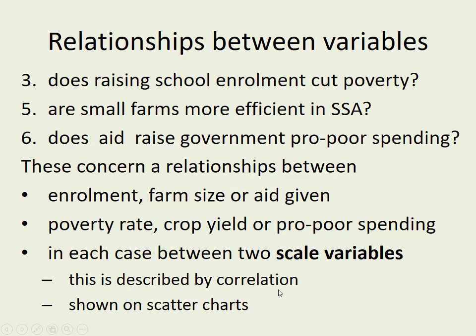And that's best described by correlation. Please note that the word correlation is sometimes used to describe all these things. So you can have correlation between gender or religion and activity, crop choice, categorical variables as well. But it's more used for numbers, especially when you get to correlation coefficients. So it's most often used for two scale variables.